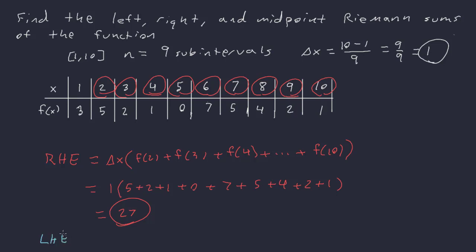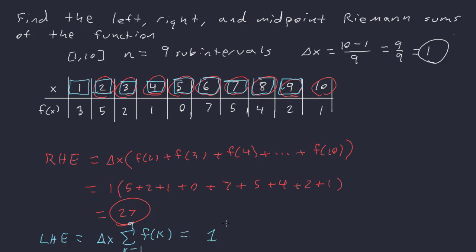And then for a left-handed estimate, we're going to go from 1, 2, 3, 4, 5, 6, 7, 8, 9, but not 10. So it'll be delta x, and I'll go ahead and use the sigma notation here, k going from 1 to 9 of f of k.